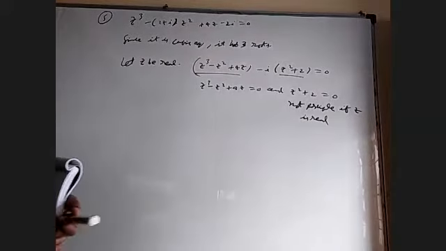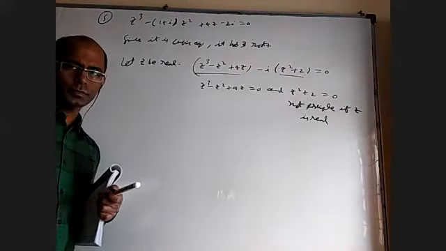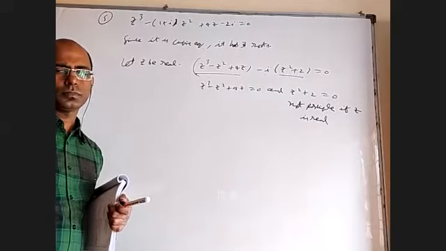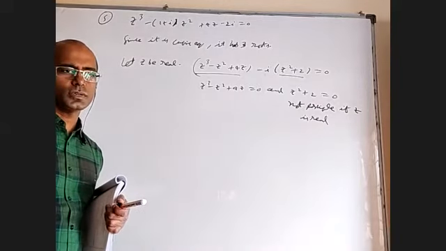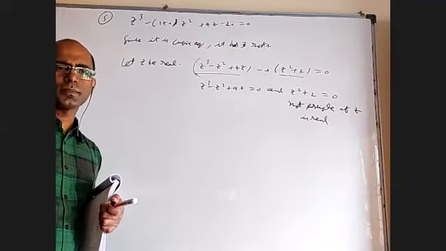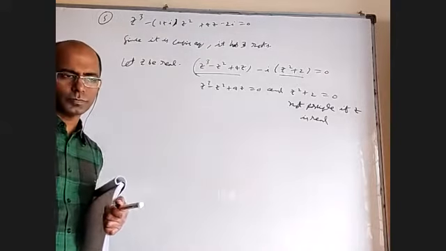Somebody may ask whether this has a purely imaginary root. Anyone want to give an idea how to check that? It may have 3i or 7i or minus i by 2, something can be a root. If they ask about it, how to verify?